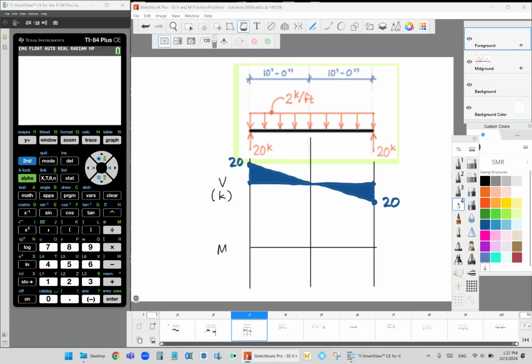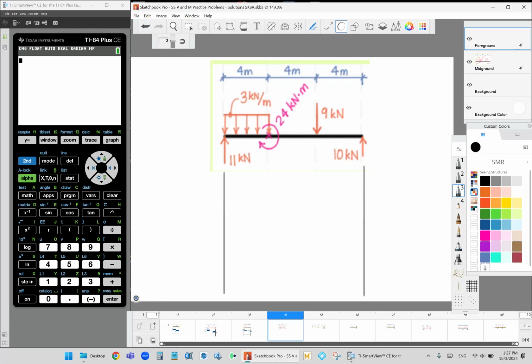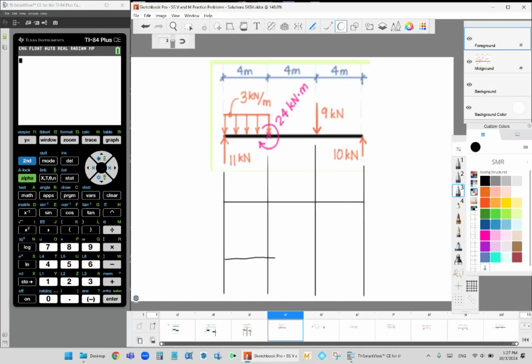Okay, on to the next one. This one's a little more involved, but that's okay. Okay, and we're doing kilonewtons in this one, switching over to SI system.